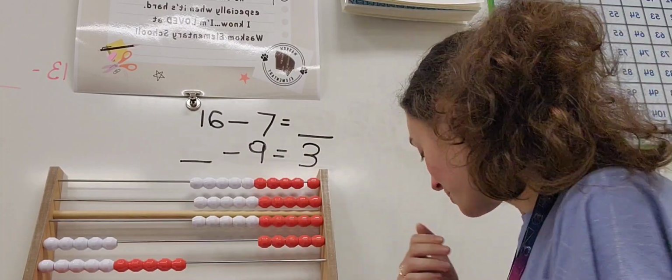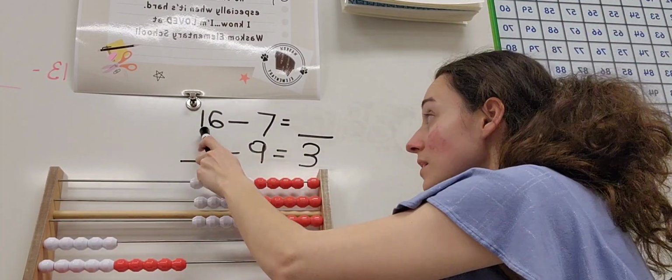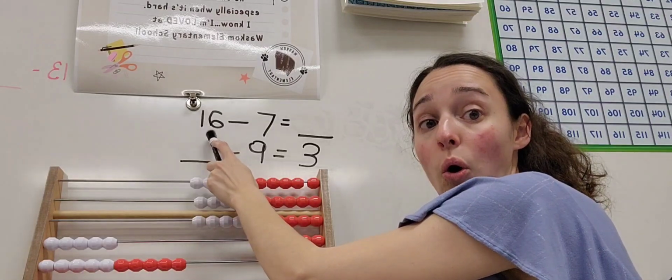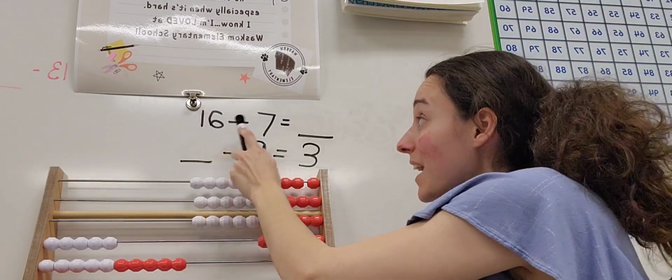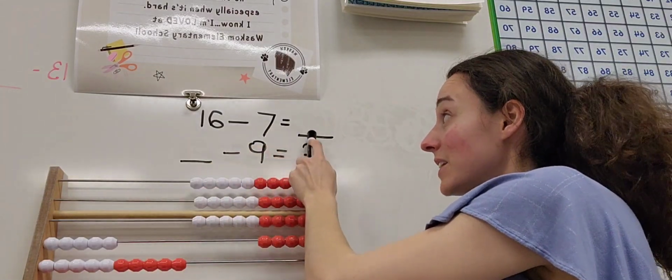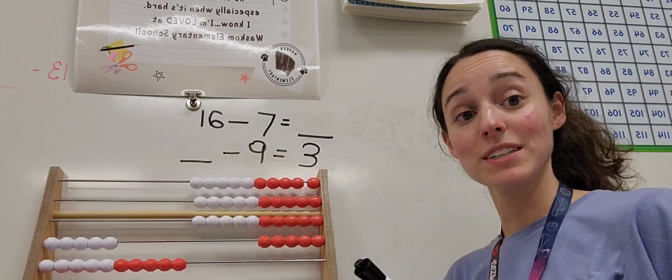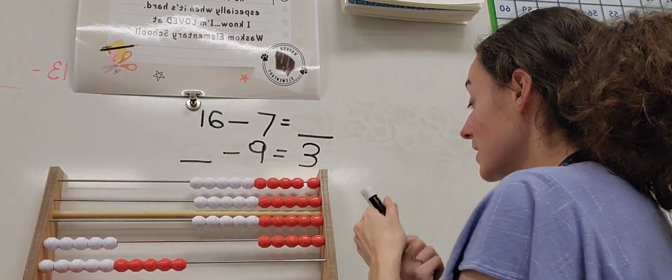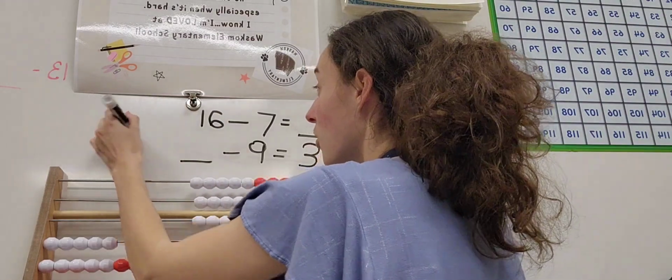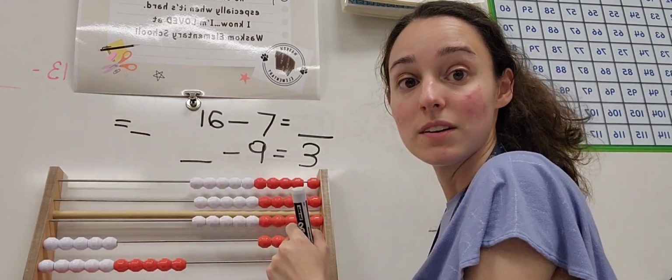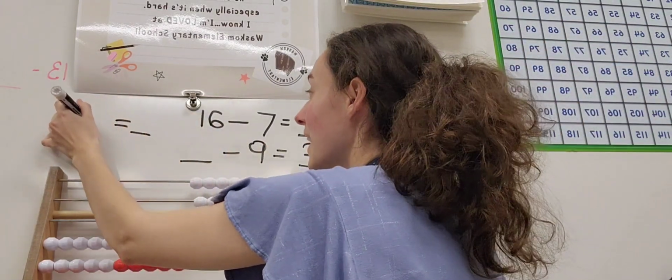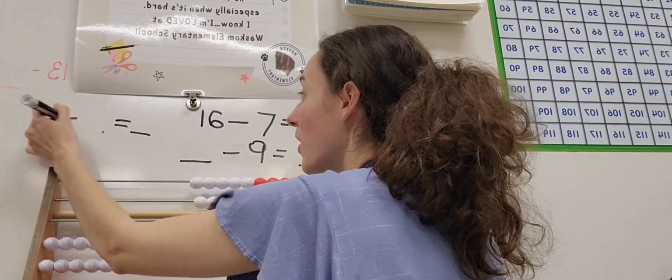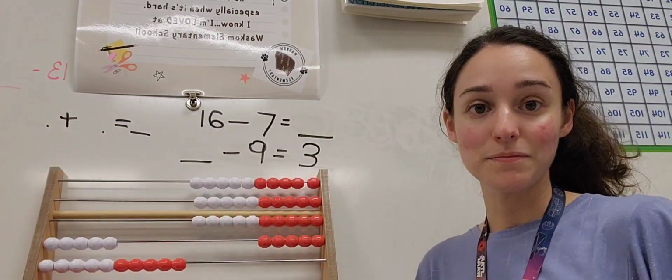For other purposes, we know that in subtraction, the whole goes here and the parts are here. In addition, it's different, because in addition, we have our whole on this end, right? Then we have our two parts right there.